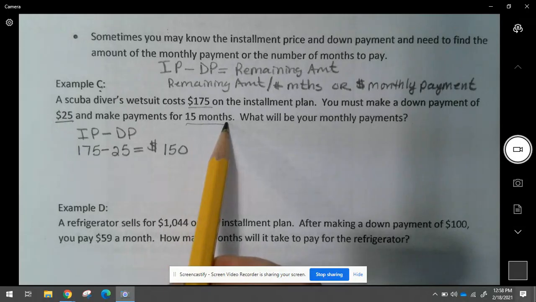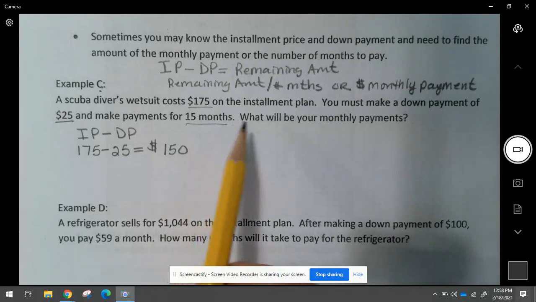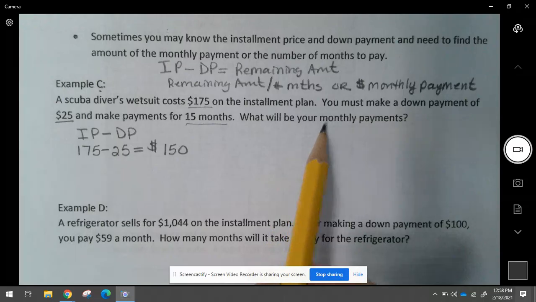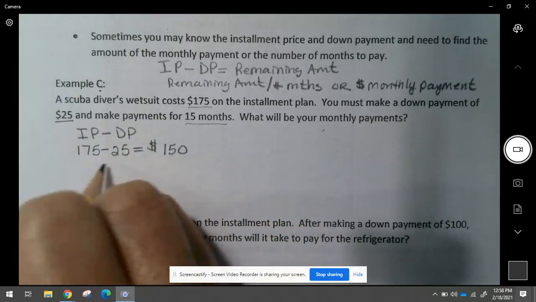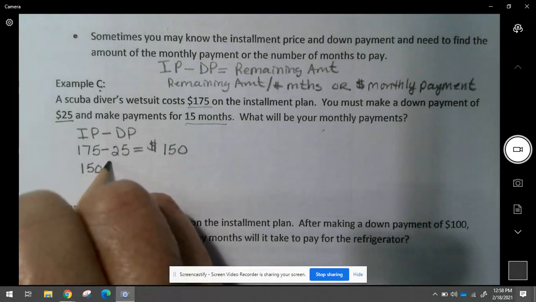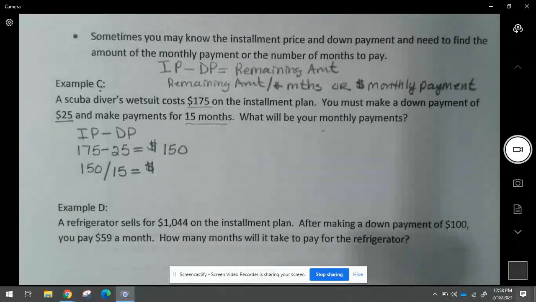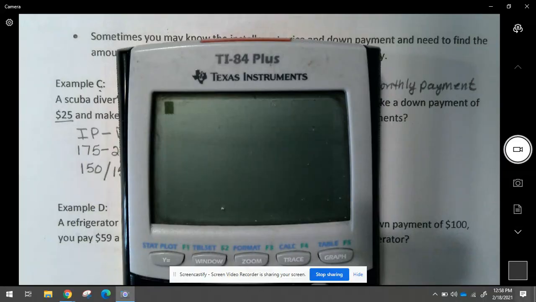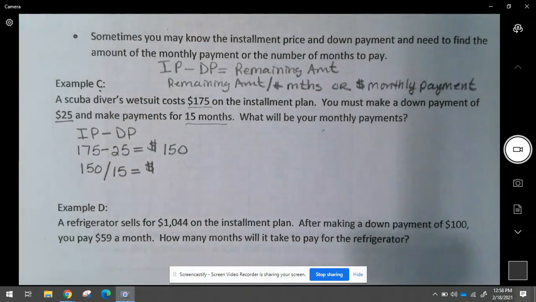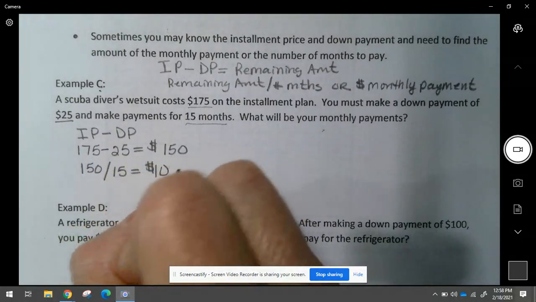We know that we're going to make payments for 15 months. We're looking for the monthly payment. So we're going to take 150 and divide it by 15 to get our monthly amount. $10. So $10 is our monthly payment.